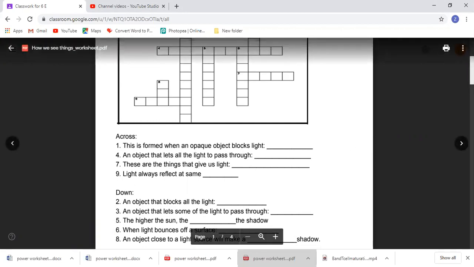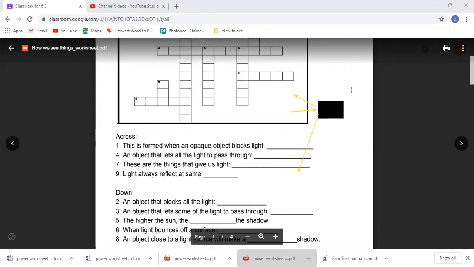Remember, whenever an opaque object blocks light, opaque is basically an object that does not allow the light to pass through. Think of a wooden box, or think of a table. We know that it is not going to allow the light to pass through. Since it blocks the light, the light gets reflected, right?